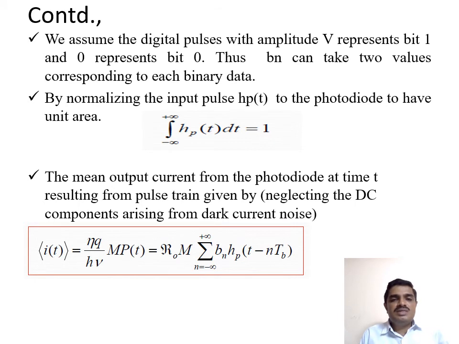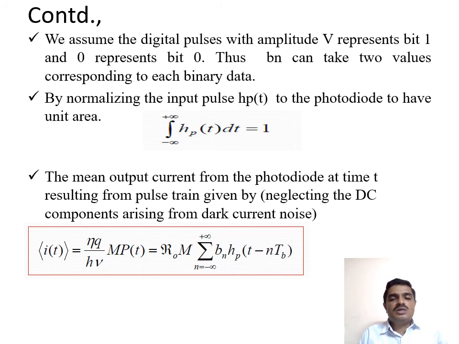We assume the digital pulse with amplitude V represents bit 1 and 0 represents bit 0. Thus, Bn can take two values corresponding to each binary data. By normalizing the input pulse hp of t, the photodiode has unit area: the integral from minus infinity to plus infinity of hp of t dt equals 1.